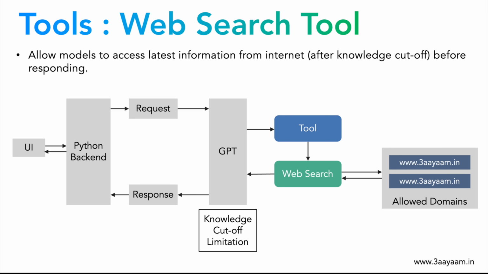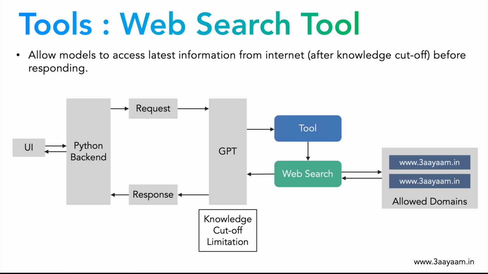Now the data that is received from these domains is converted into vector embeddings before the response is sent, because the model does not understand raw text results. It will not be able to understand the text which has been retrieved from these websites. So after the results are returned, all those results are converted into vector embeddings on the fly. And then only the model will be able to get information from these web pages and send the response.